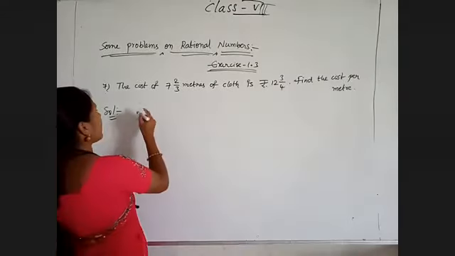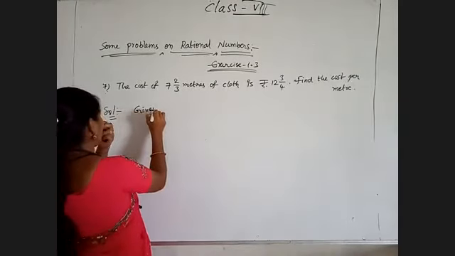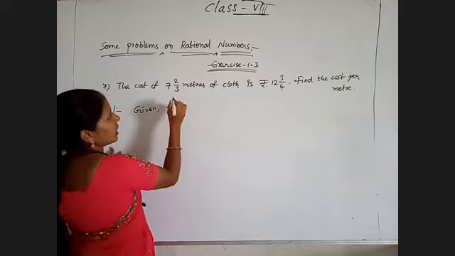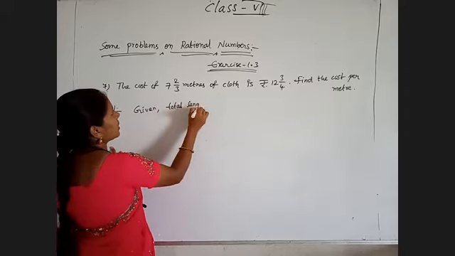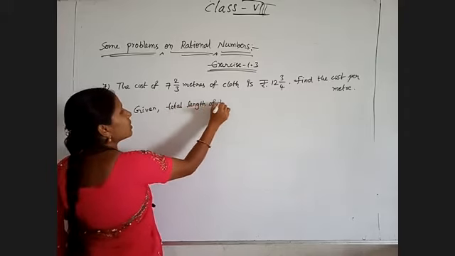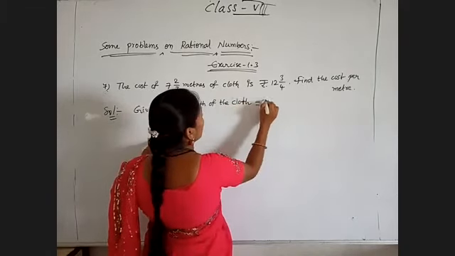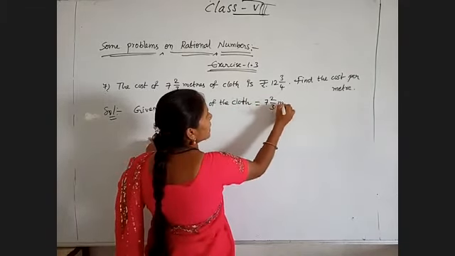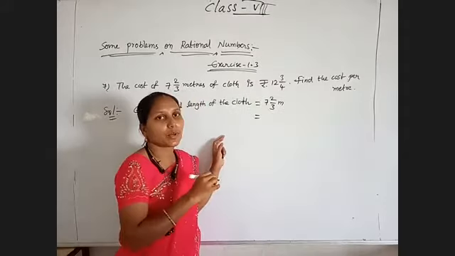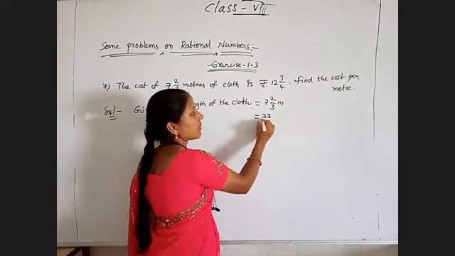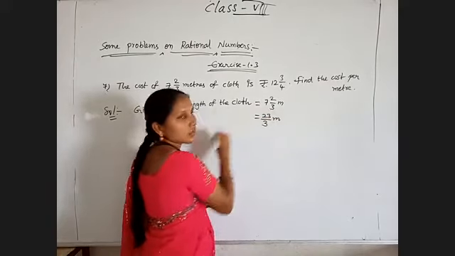Okay. Now given total length of the cloth is equal to 7 2 by 3 meters. So it is a mixed fraction, convert it into improper: 7 3s are 21, 21 plus 2 is 23 by 3 meters. Okay.